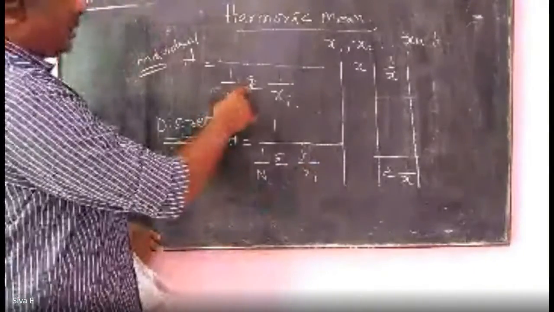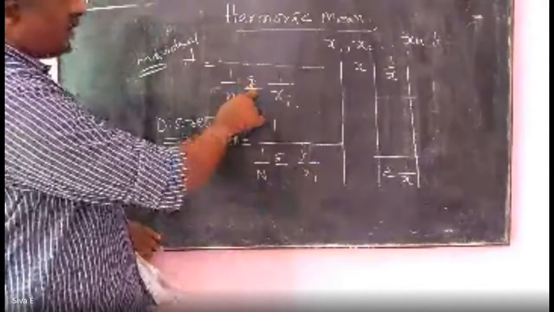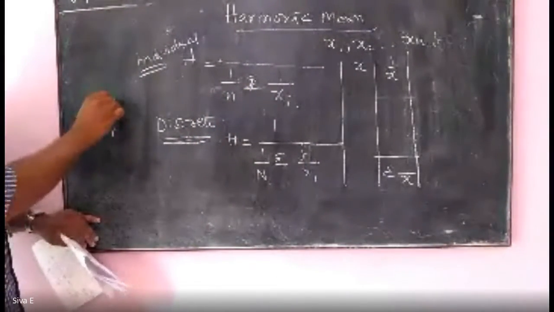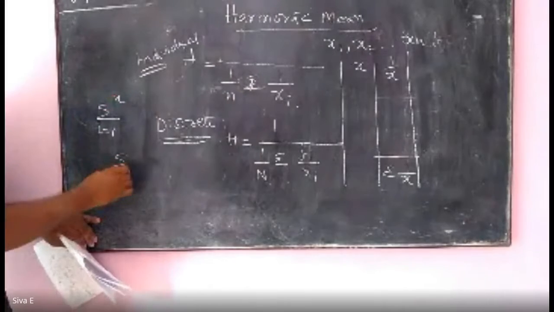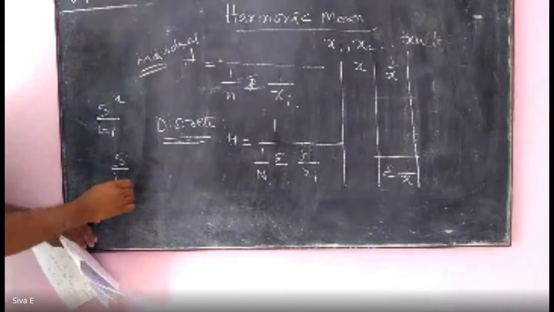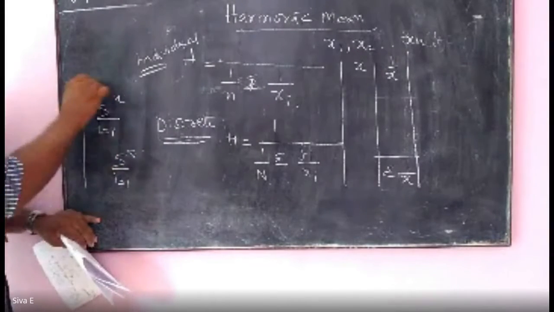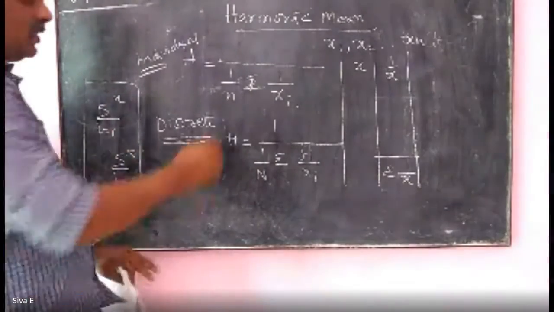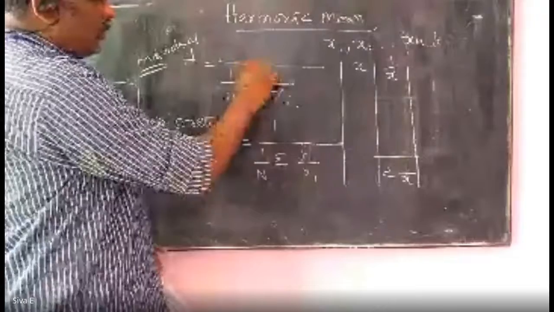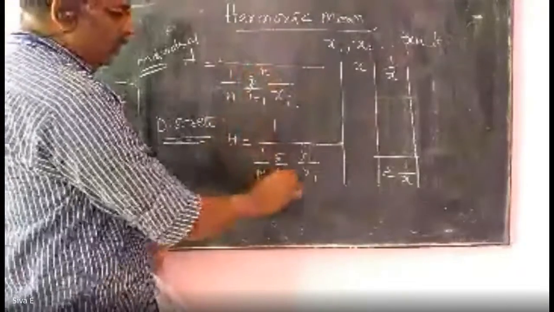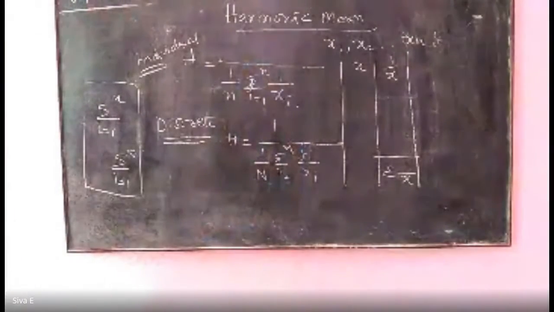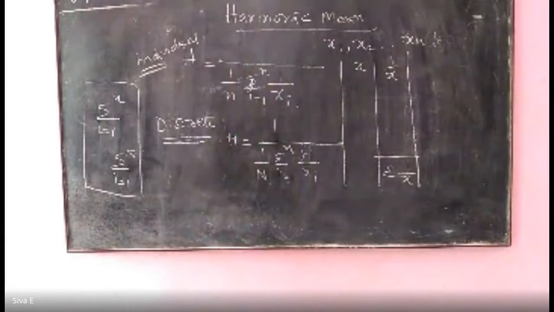When you write the summation, don't simply write the summation, because it may be finite or infinite. The examiners look at this, so better mention i equal to 1 to n. That means you are doing it for the finite case, not the infinite case. The number of observations should be finite.